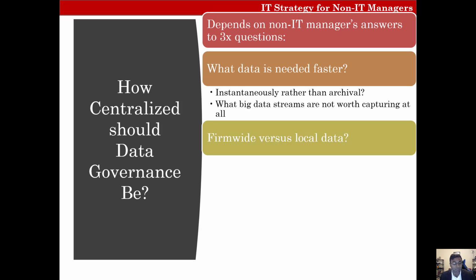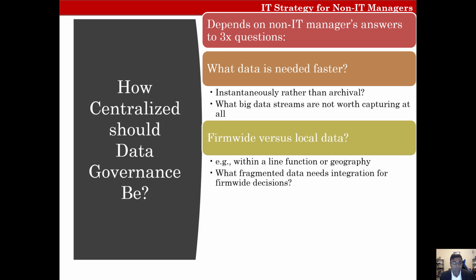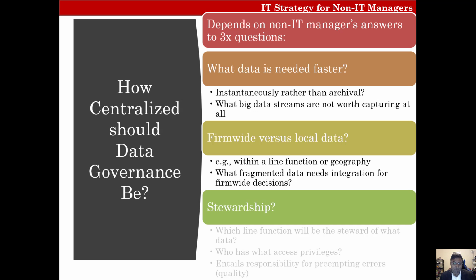What data ought to be available firm-wide versus locally in the line function? What fragmented data from what sources must you integrate to improve firm-wide decisions? And finally, stewardship. Which line functions will be the steward of data? Who has access privilege? And then quality control, responsibility for preempting errors.